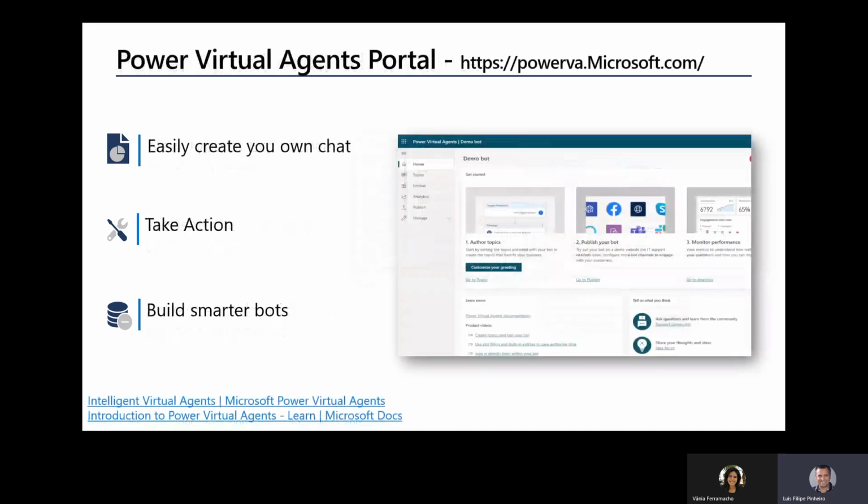If we move on to the Power Virtual Agents portal, you just need to access this portal through powerva.microsoft.com. Power Virtual Agents are adaptable AI-powered chatbots that can resolve common issues and answer questions quickly.